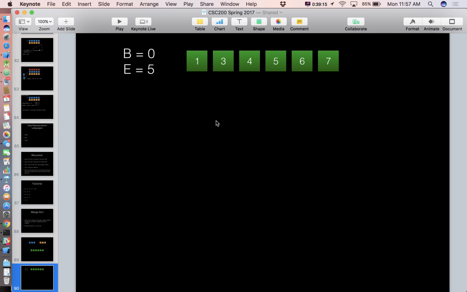So merge sort itself will take in 3 parameters. It's going to take in the list we're sorting, the beginning of that list, and the ending of that list, the positions. So we're passing the same list around, but with a different begin and end each time through. Does that make sense? Okay. It's not hard, but you won't like it.